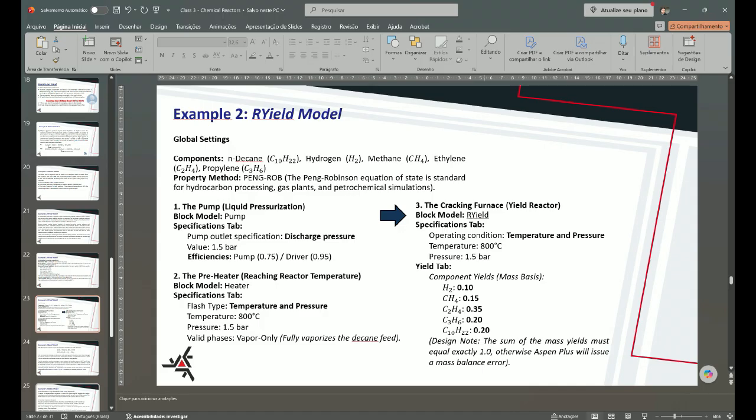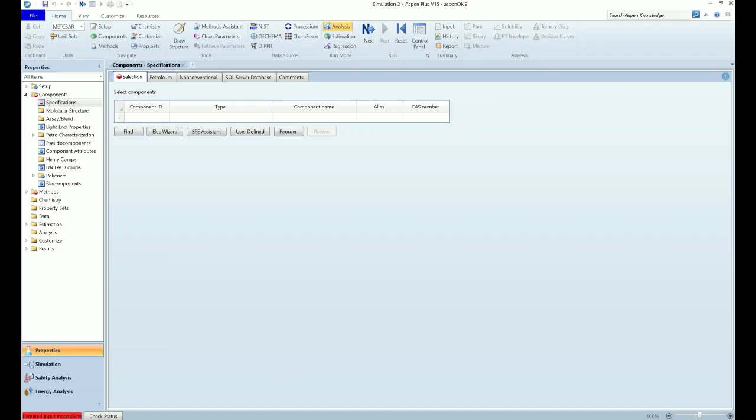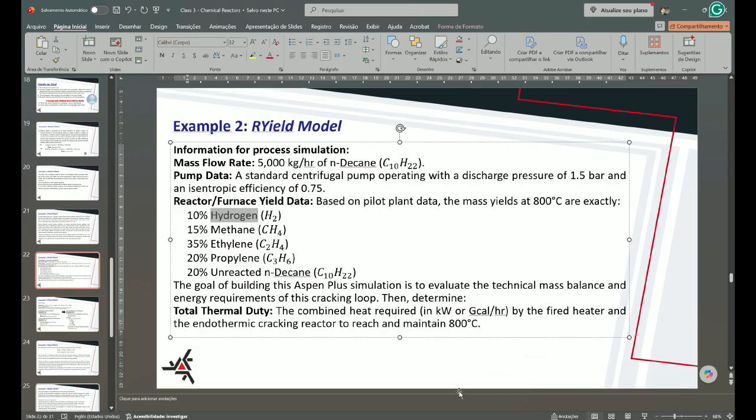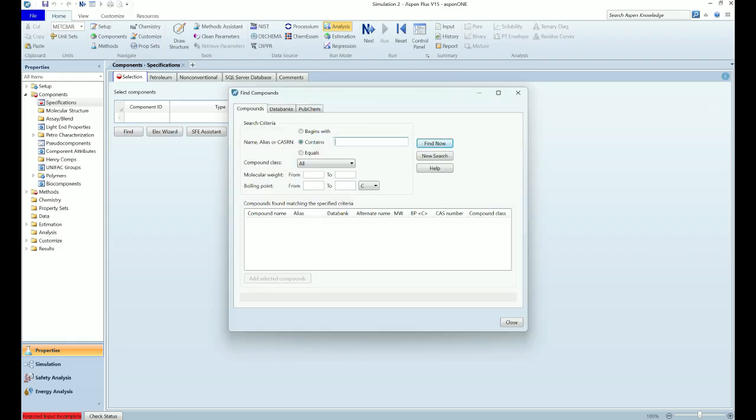Next we are going to simulate this case study in Aspen Plus, and let's consider the proper method, Peng-Robinson, considering only gas phase, as this is the standard for hydrocarbon processing at high temperature conditions. So let's go to Aspen to simulate this process. First, let's select our compounds. Here we have hydrogen as one of our products.